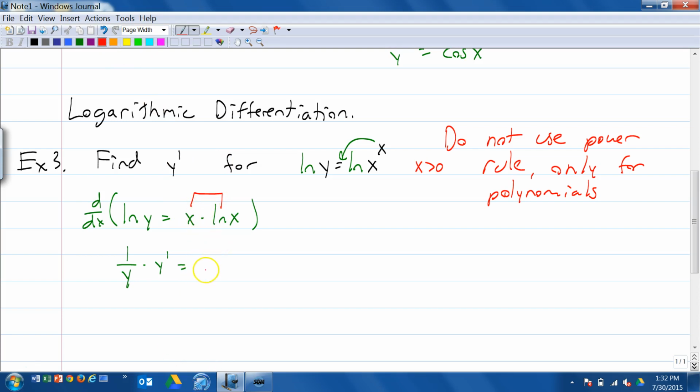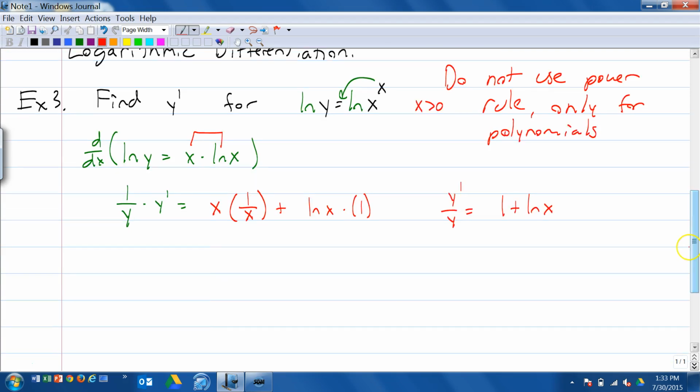So we have x times the derivative of natural log of x, which is 1 over x times the derivative of x, which is 1, so we're good there, plus the natural log of x times the derivative of x, which is 1. Okay, so we get y prime over y is equal to 1 plus natural log of x. Multiply y to both sides, we get y prime is equal to y times 1 plus natural log of x.